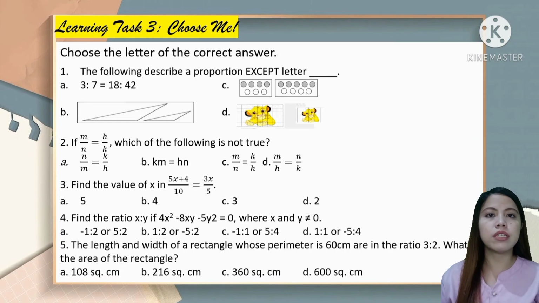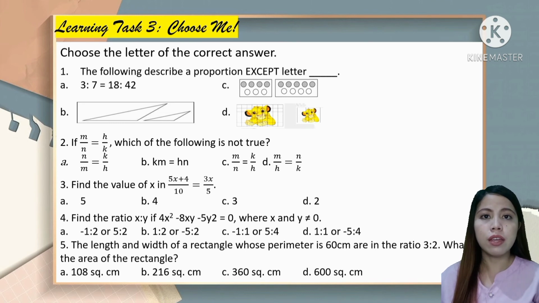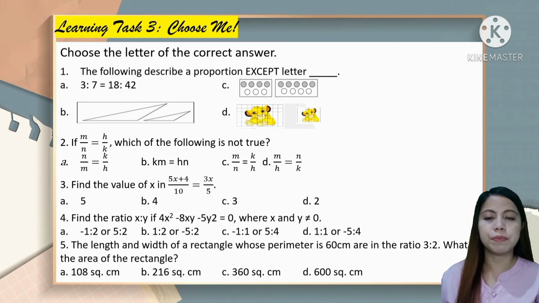Now, let us have learning task 3. This activity is entitled Choose Me. Its direction is, choose the letter of the correct answer. You will just write the letter of your correct answer in your answer sheet. Question number 1. The following describe a proportion except letter A, B, C, or D. Number 2.